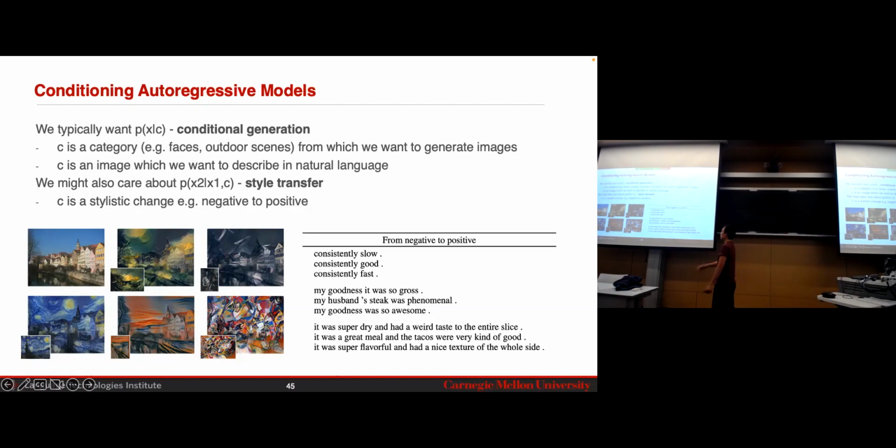That's also P of X given C. And sometimes you also care about style transfer. Given X1, perhaps one sentence, and C telling me something about a style, like present tense or past tense, can I transfer it to something else, X2, which keeps the essence of X1 but changes it just based on its style?